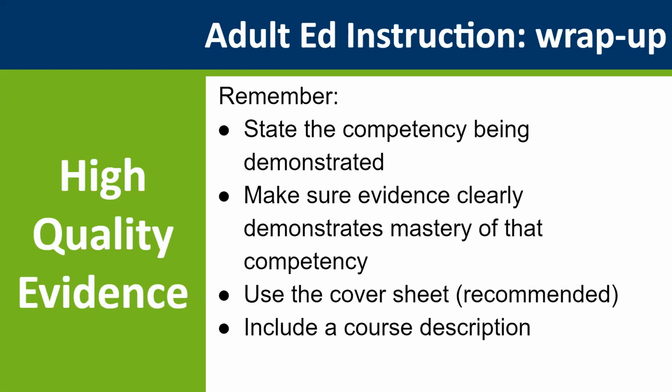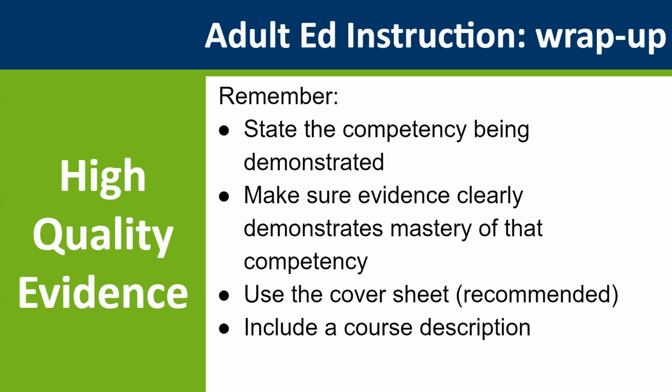These are final reminders. When you're using adult ed instruction in any area of the portfolio, remember to state which competency is being demonstrated. If it's ELA or math, the competency means the level E standard. If it's social studies or science, we're talking about the competency from the list of adult diploma competencies.